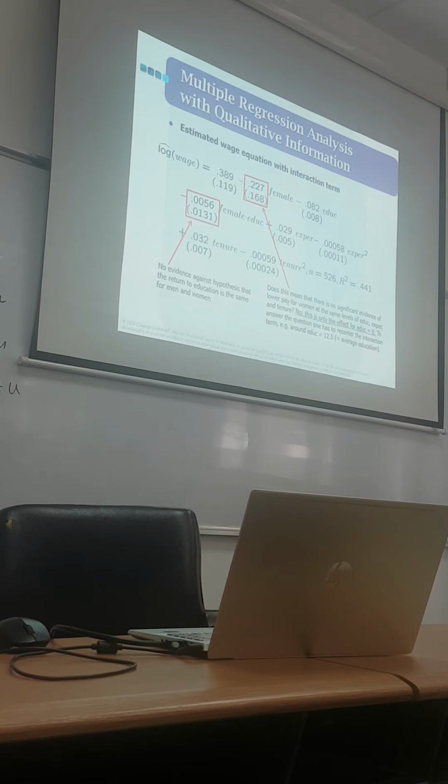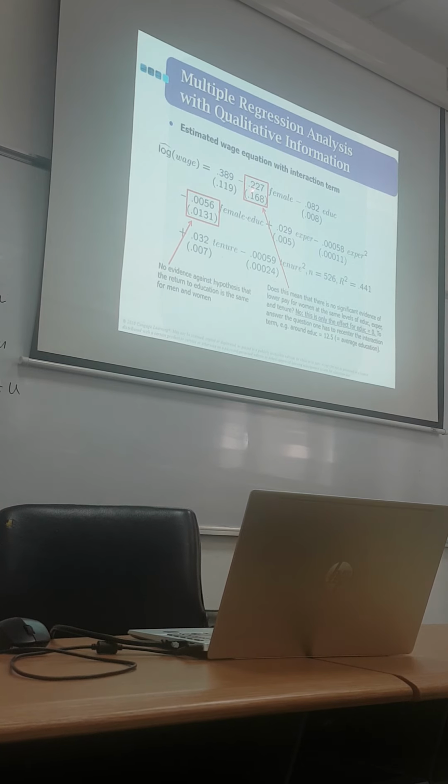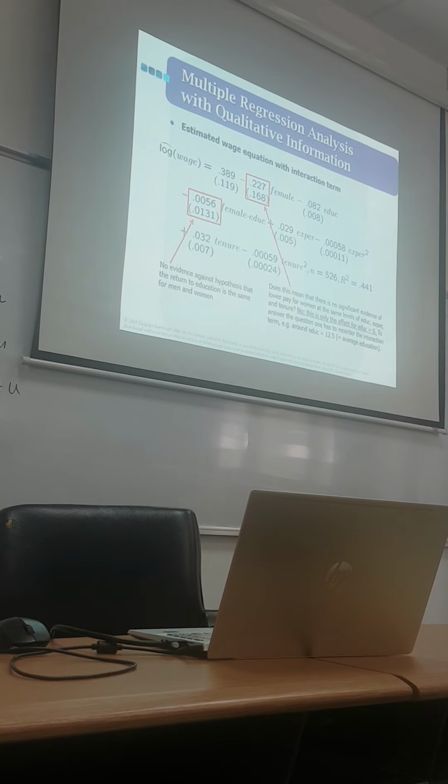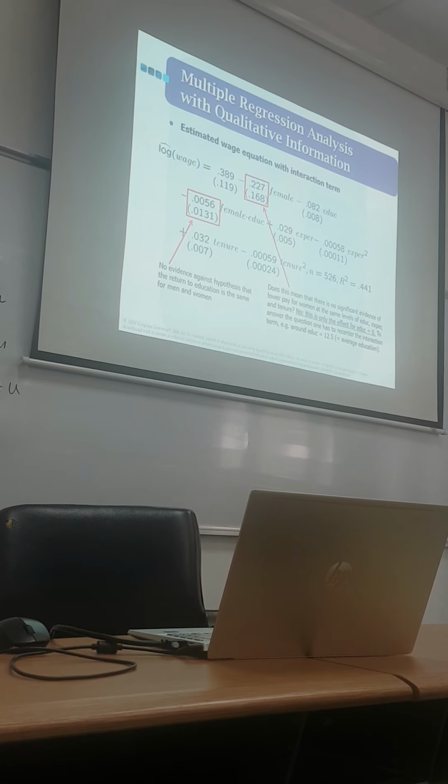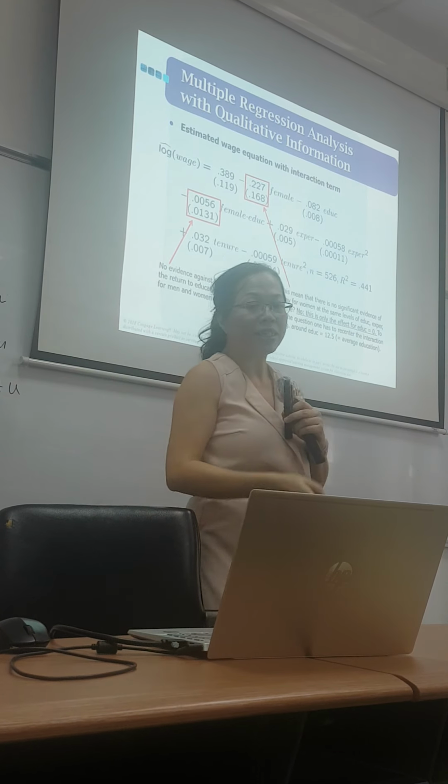So we're going to say, compared to men, the female salary is lower by 22.7%. Sorry, it's 22.7%, in terms of percent. So you're going to compare in terms of percentage, rather than absolute number.